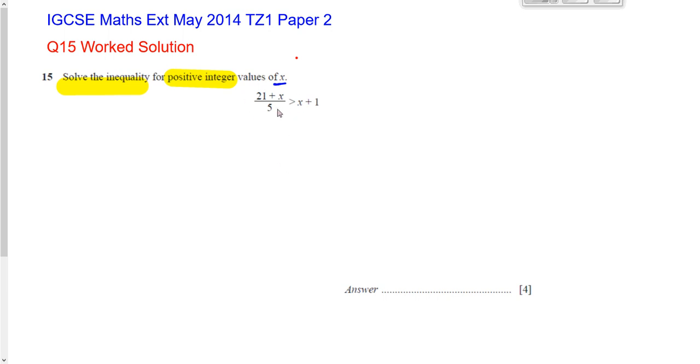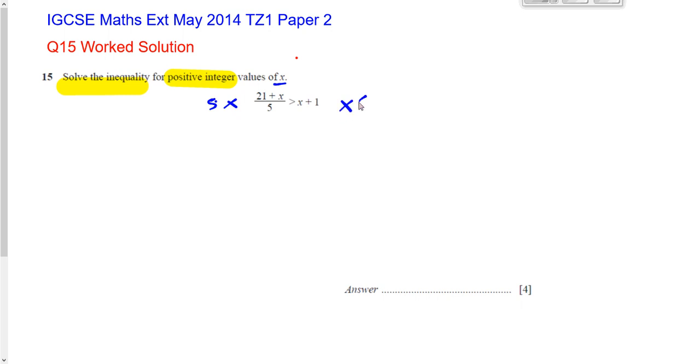So I've got this fraction and I want to get rid of the fraction. So I'm going to multiply this side by 5. The reason is if I multiply any fraction by the denominator, the number at the bottom, they will cancel out. But the number one rule of any equation, and it goes the same with inequalities, is that what I do on one side, I must do to the other.